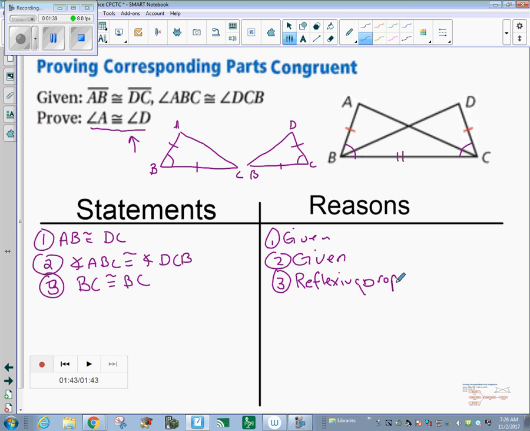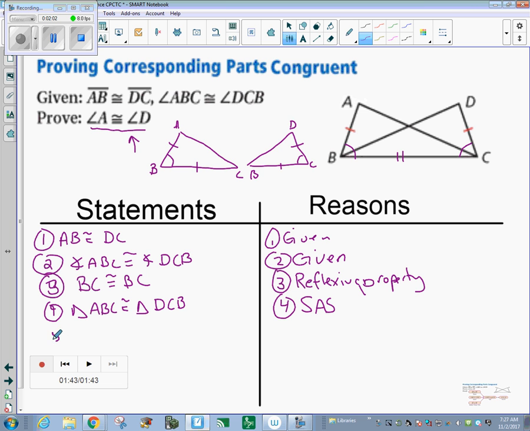And you'll notice that we haven't changed anything we've been doing at this point. Step 4, well, you notice that we have the triangles congruent to one another. Triangle ABC is congruent to triangle DCB. Make sure you get them in the right order. And that is by, well, we've got a side, an angle, and a side, so that's side, angle, side.